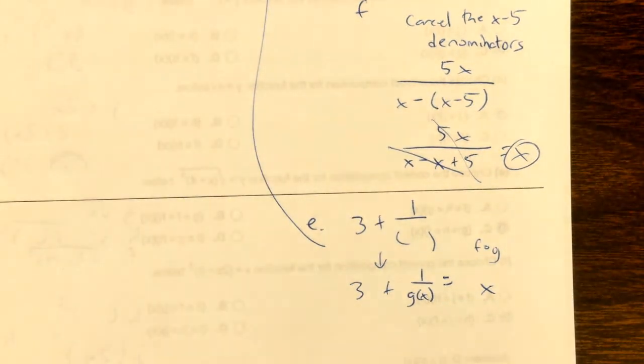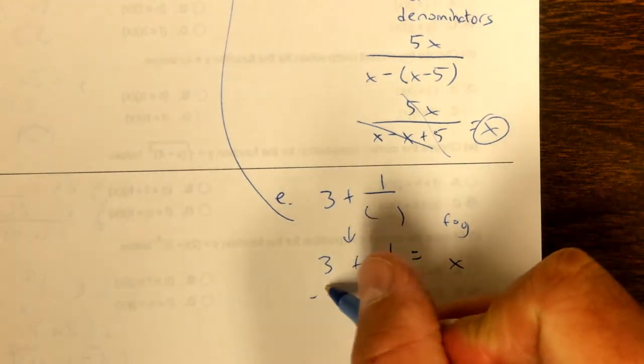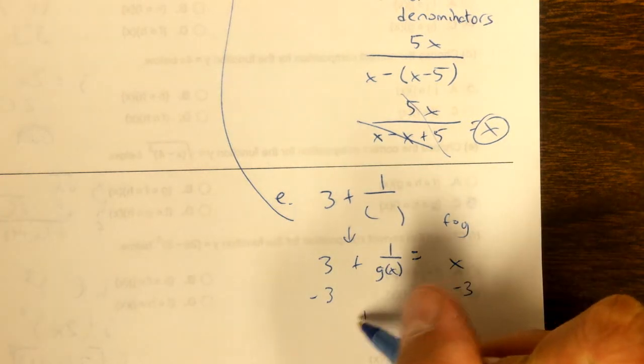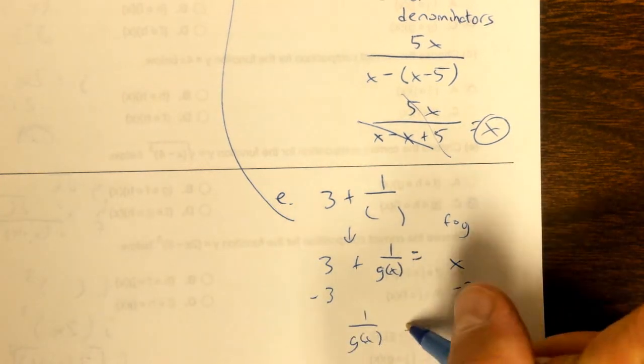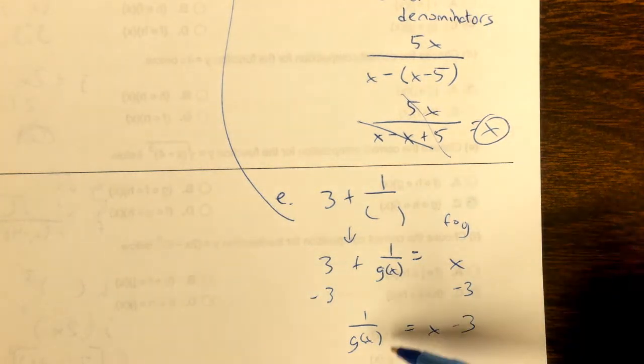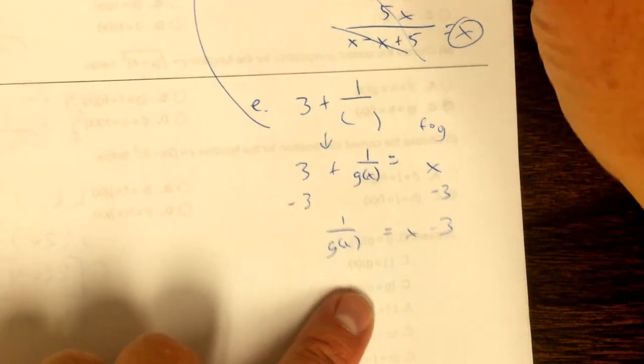Okay, so now what we need to do is subtract 3 from both sides. So we have 1 over g of x equal x minus 3. And then you take the reciprocal of both sides.